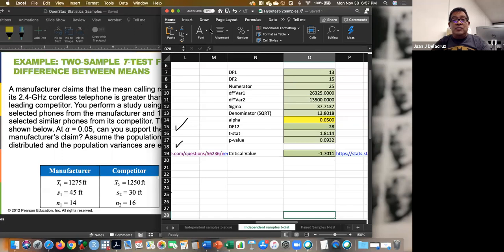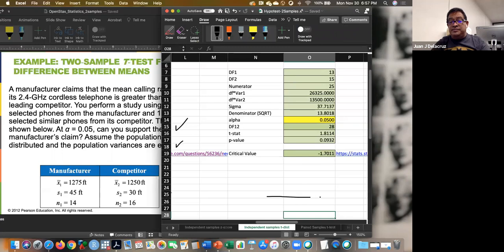To make a long story very short, what we have here is the following. We have our t-distribution, and we have a right tail test. In this case, I know it's a right tail test because of the greater than.